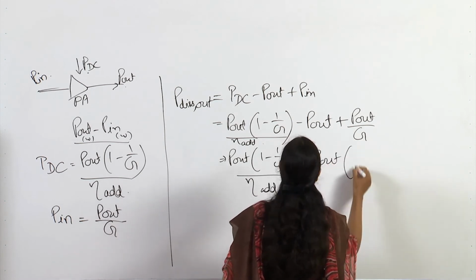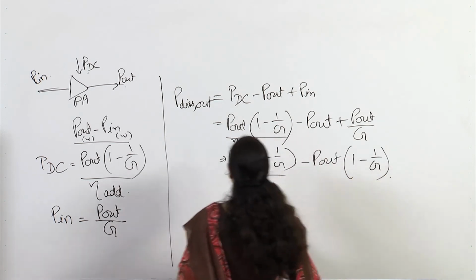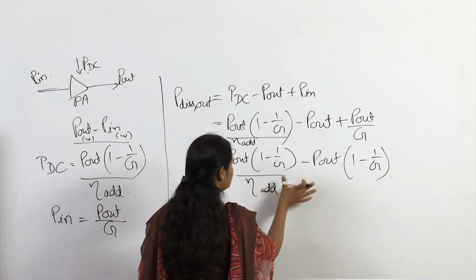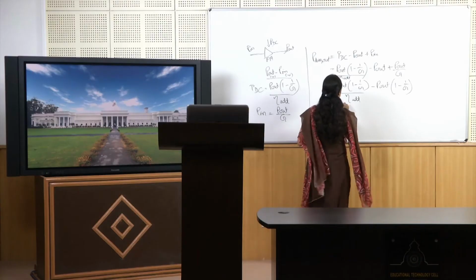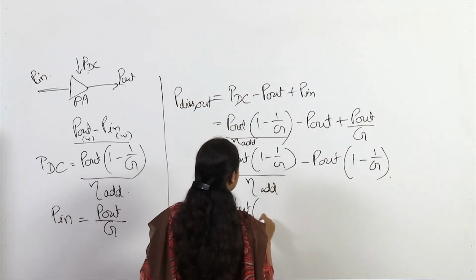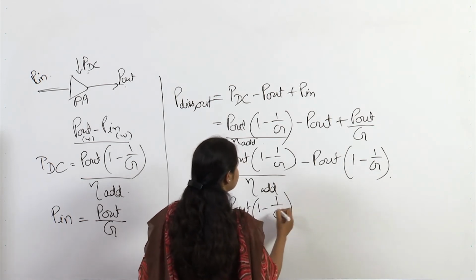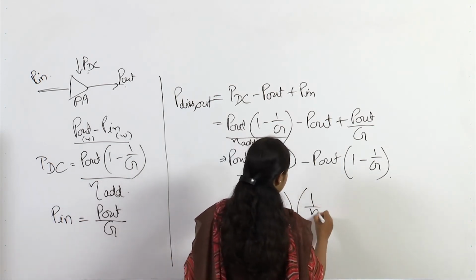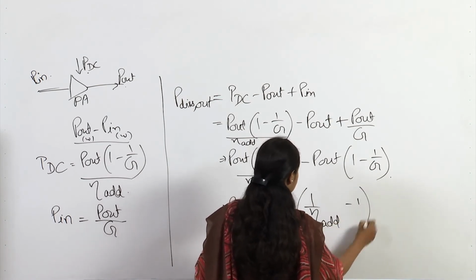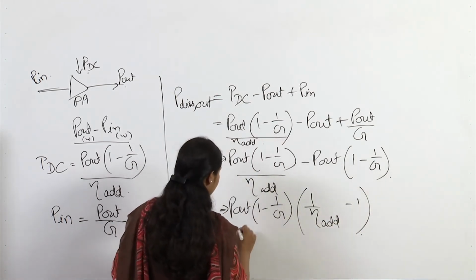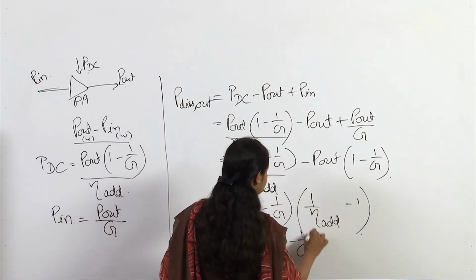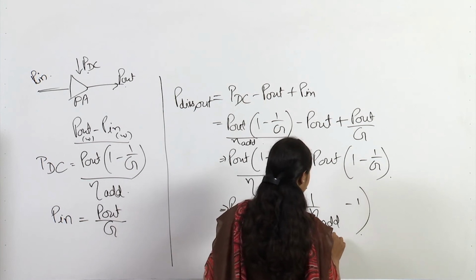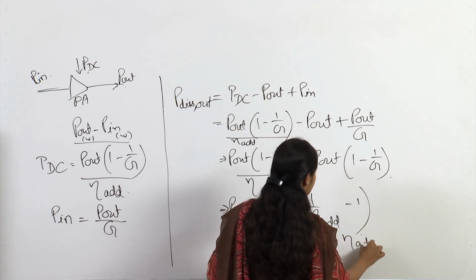If I take P out and (1 minus 1 upon G) common from these two terms, then I will get this formula here: P out times (1 minus 1 upon G) and (1 upon power added efficiency minus 1).